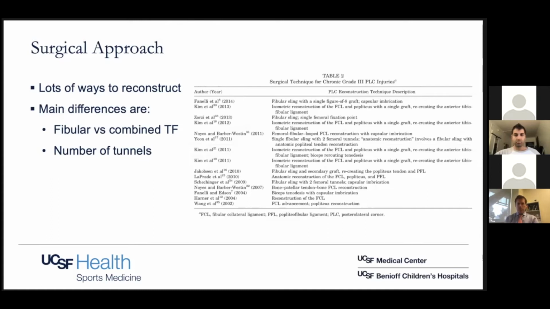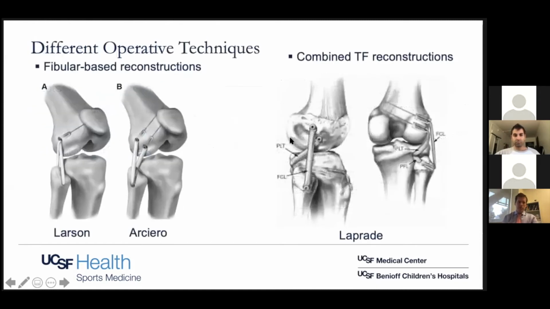I think this can be broken down with the main differences being fibular-based versus a combined tibiofibular-based reconstruction, and then the number of tunnels that you're placing. These are all different reconstruction techniques that have been described. Some of the main ones, and if you remember 3, I would pick these 3. So there's the Larson technique.